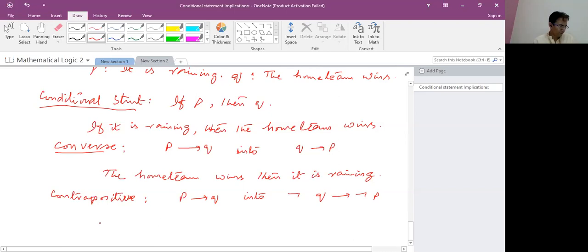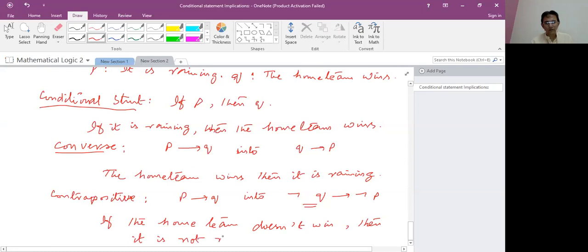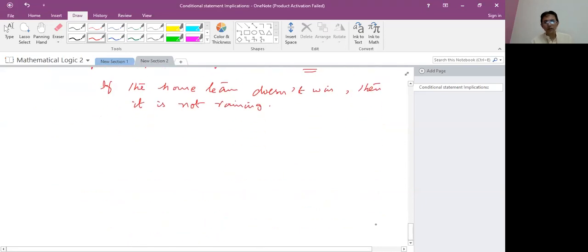So we write the first statement: if Q, it means first we write Q. So, if the home team doesn't win, then it is not raining. This statement is called the contrapositive.